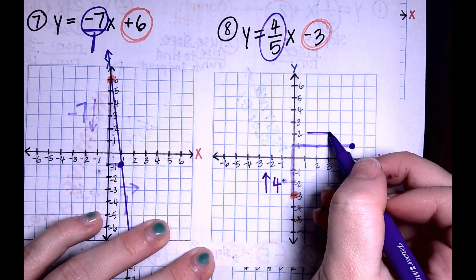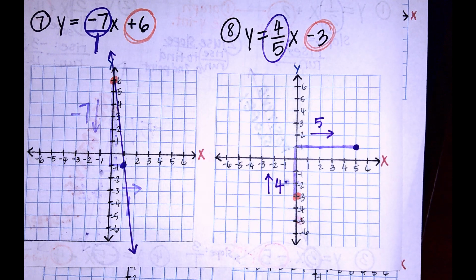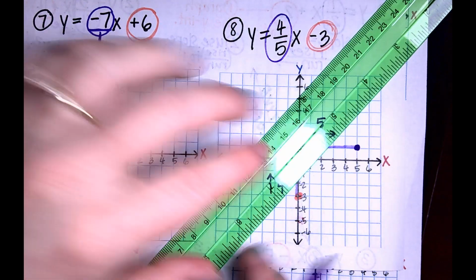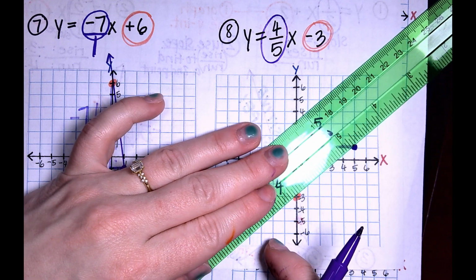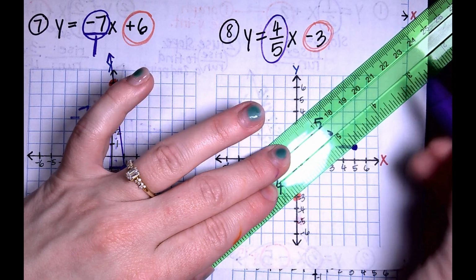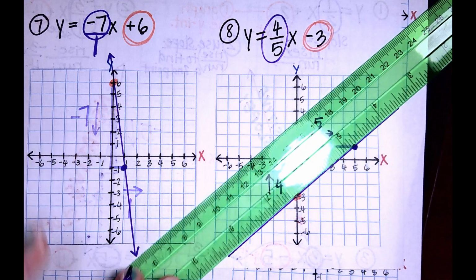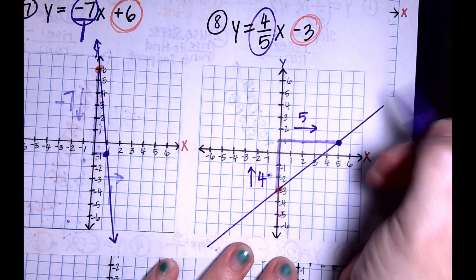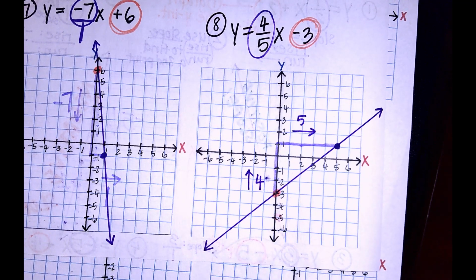My run was 5. So I went over 5. And we just connect the dots. Very nice. And it's a positive slope. Perfect. And we know we graphed it right because that line is going up. Positives go up. There we go.